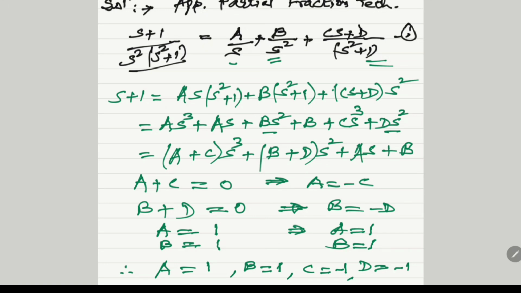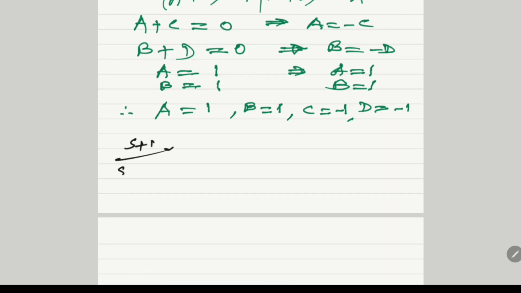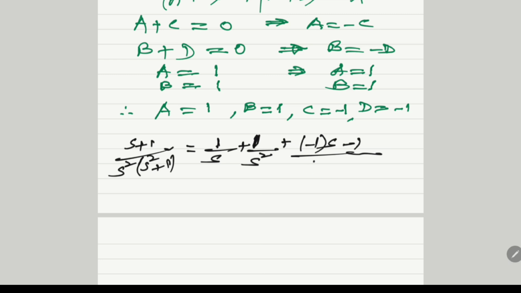Substituting these values in equation 1, equation 1 becomes (s plus 1) divided by s square into (s square plus 1) is equal to a, which is 1, divided by s, plus b, which is 1, by s square, plus (c is minus 1, s plus d, d is minus 1) whole divided by s square plus 1.